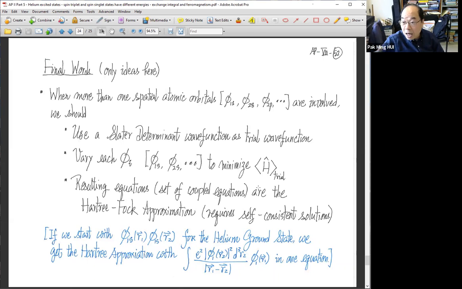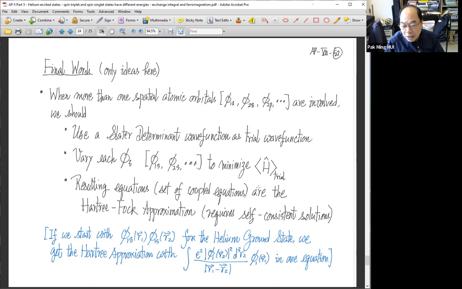We introduced the Hartree approximation easily by considering the helium ground state. We know that we have to assume a ground state to write down a Schrödinger-like equation to solve for that unknown ground state in a self-consistent way.